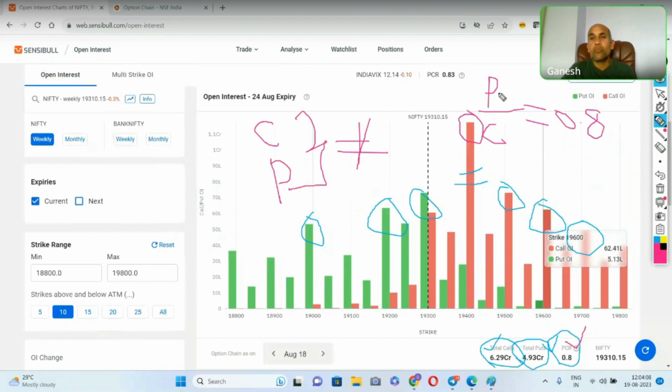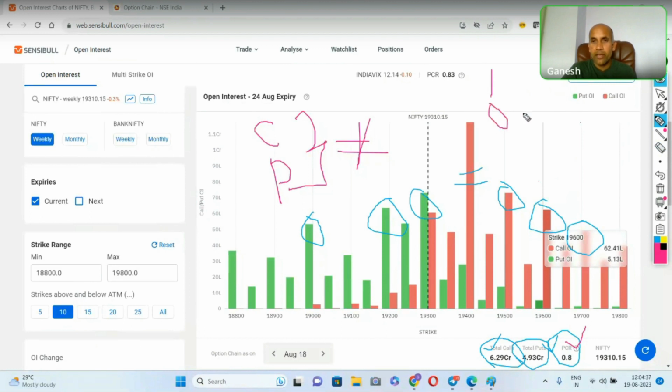Then tomorrow, if more puts are sold than calls, the value comes to maybe 1.2. PCR comes to 1.2 or 1.5 like this. So what does it indicate? PCR of 1 means neutral. PCR below 1 means we have to start focusing attention.